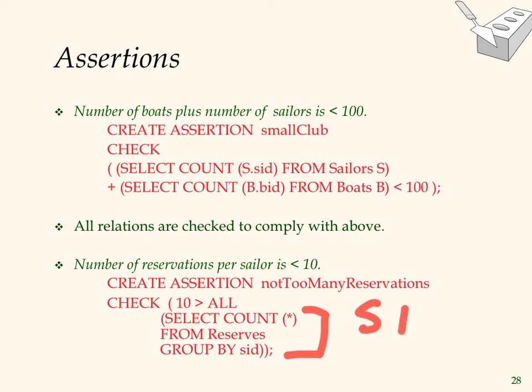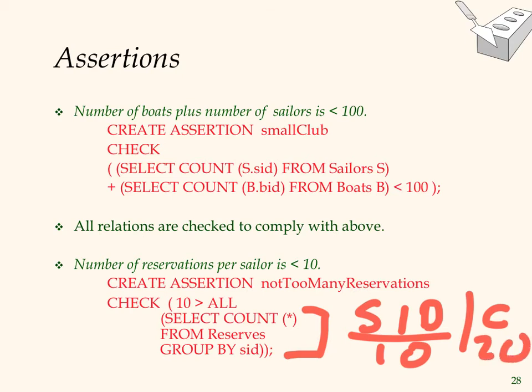Okay, so again, this should be familiar, but let's just for review, let's do it one more time. So it's going to look like this, sailor ID, and then you're going to have the count. I'll just write this as C. So you might have sailor 10 has made 20 reservations.